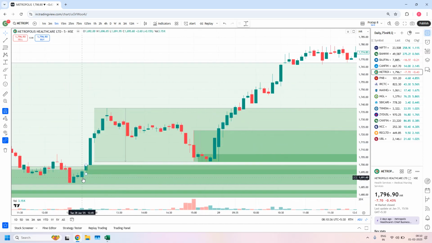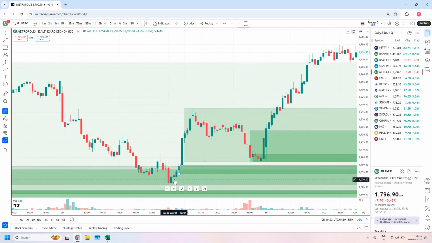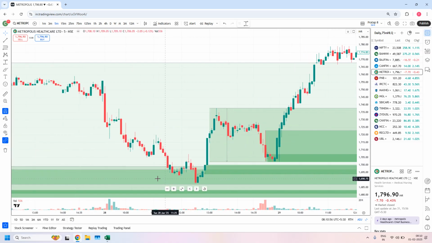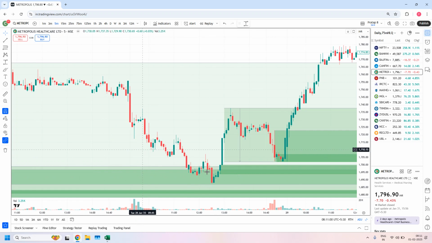And here I didn't draw because this is not convincing. There is no proper leg out. But here I have drawn, see, rally, base, rally. From this 15-minute zone only I have drawn. Because this zone is overlapped at the proximal line. Rally, base, rally. So the newly created order flow in the recent price action.